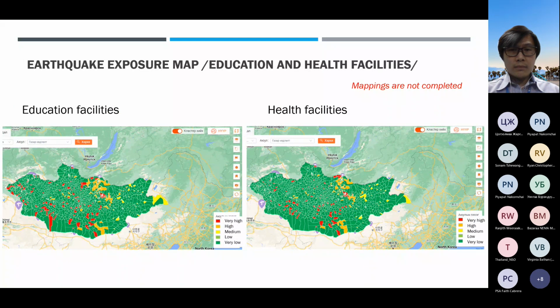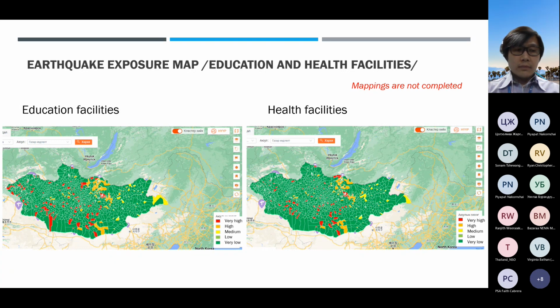This picture shows the earthquake exposure map on the education and health facilities by exposure level. I would like to mention one thing here. As I said before, we do have all data, but this database is still under development. So it's not fully developed at the moment, and the background all looks green.